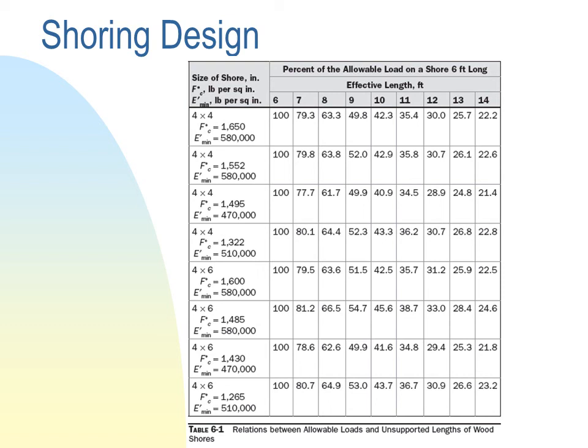So because it's typically hinged, the effective length is equal to the length in most of the cases. And based on that length, you will have different percentages of the load that is mentioned here, depending on the dimensions that you are choosing.